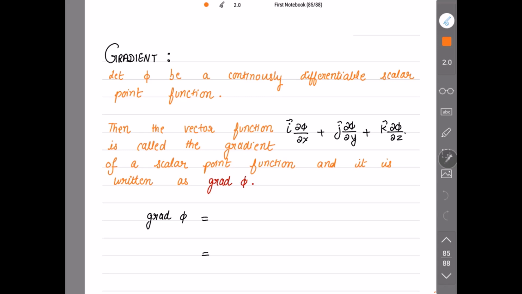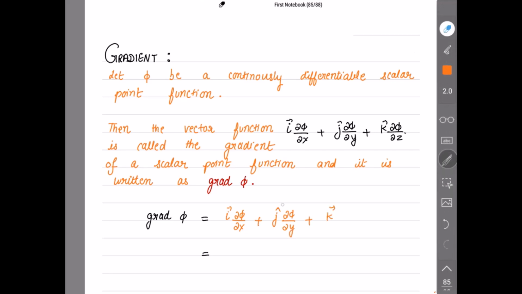So grad phi is equal to i del phi by del x plus j del phi by del y plus k del phi by del z. This can also be summed up as summation i del phi by del x. Fine?